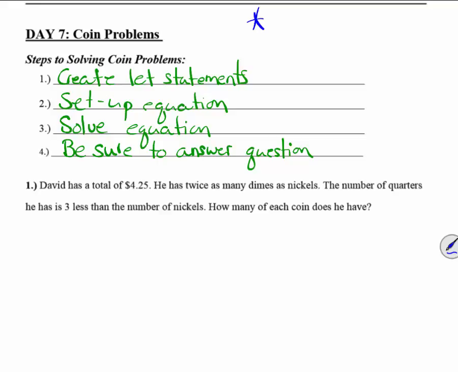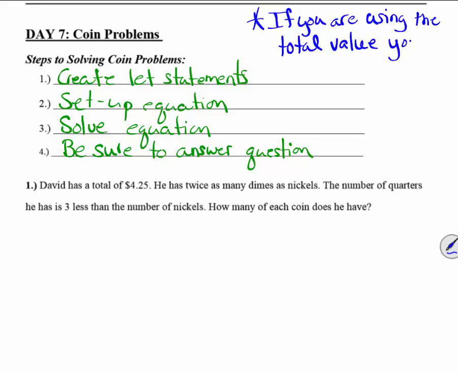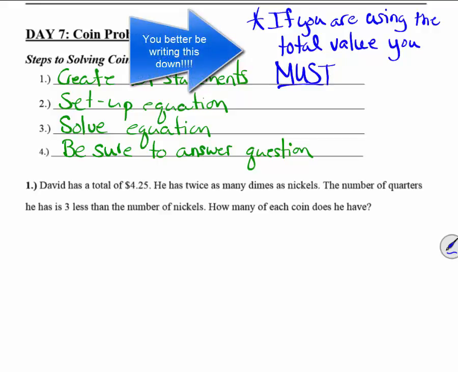There's two different types of coin problems. One where you're just talking about the total number of coins that you might have, and one where you're talking about the value of the coins. So, if you are using the total value, you must use the value of each coin.